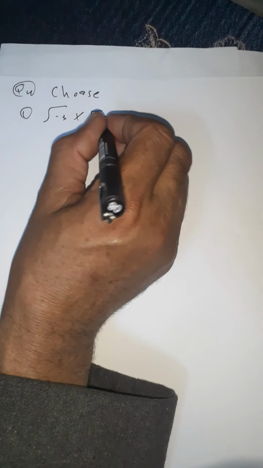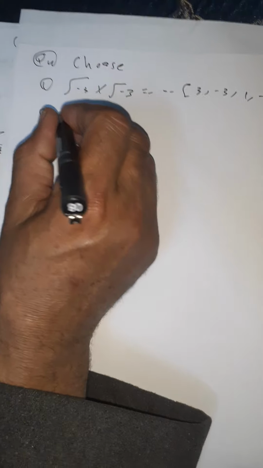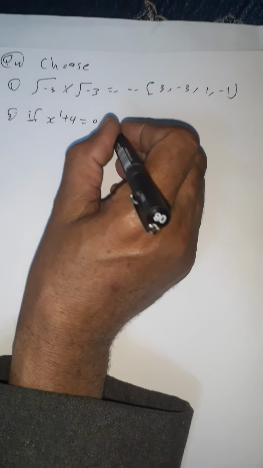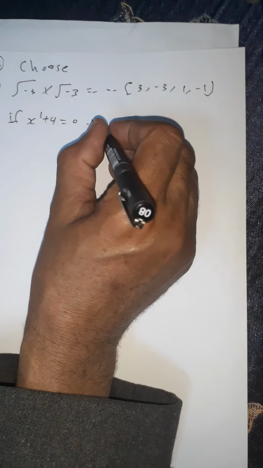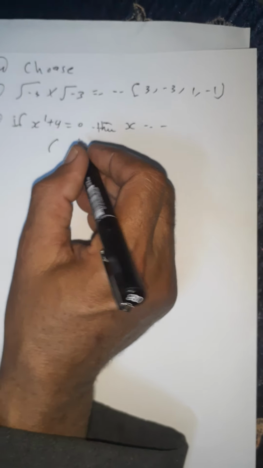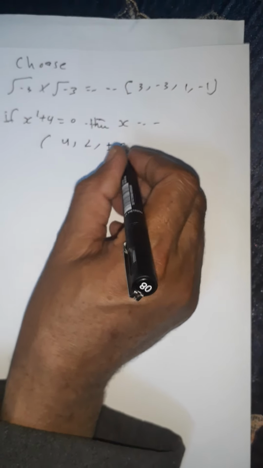Question number 4. Choose again the correct answer. Square root of negative 3 times square root of negative 3 equals 3, negative 3, 1, negative 1. Number 2, if x power 2 plus 4 equals 0, then x equals, we can choose the correct answer, positive or negative 2I, or 4 and 2.